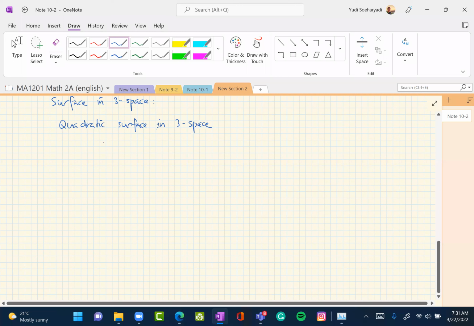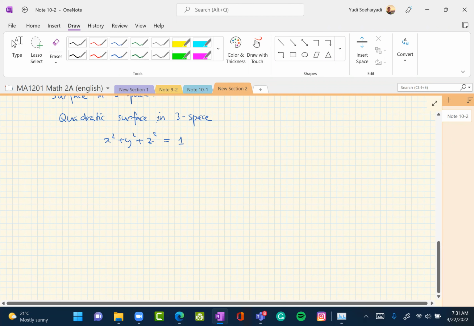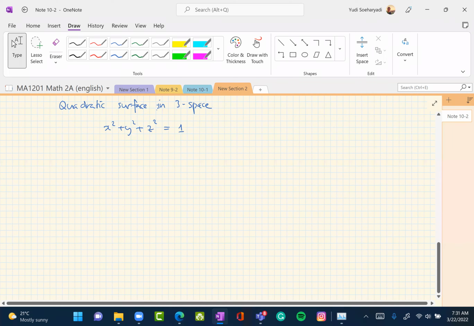Before I continue, it's just illustrations. We'll do some illustrations later using Wolfram or Maple. Okay, so for example, I'm going to draw something like y squared plus z squared equals 1. So what's the graph of this one, and how do we do this?